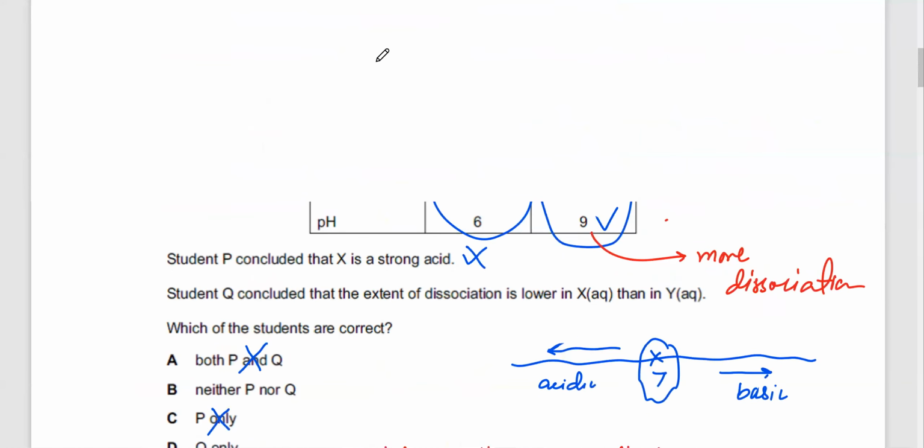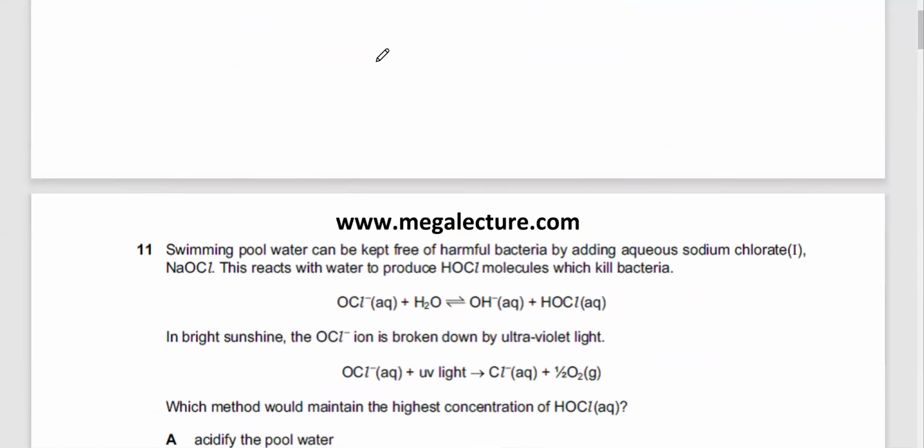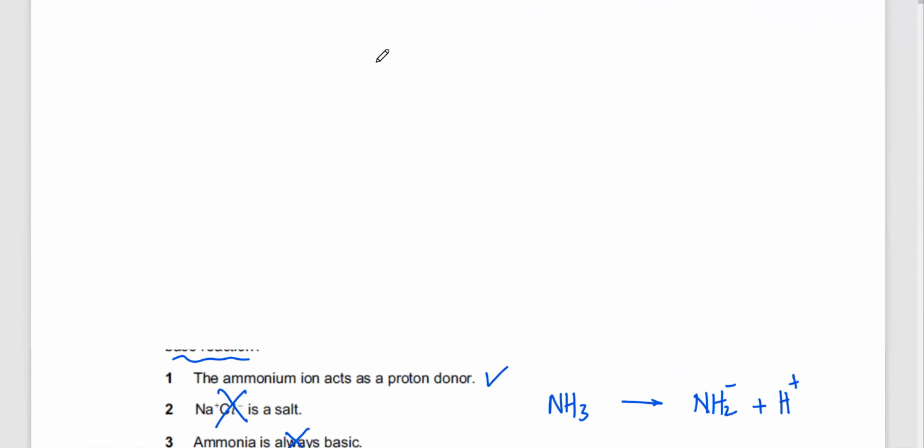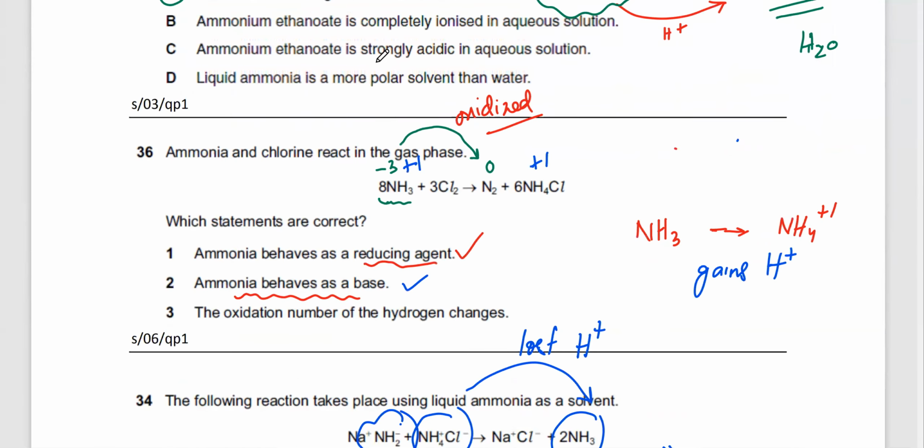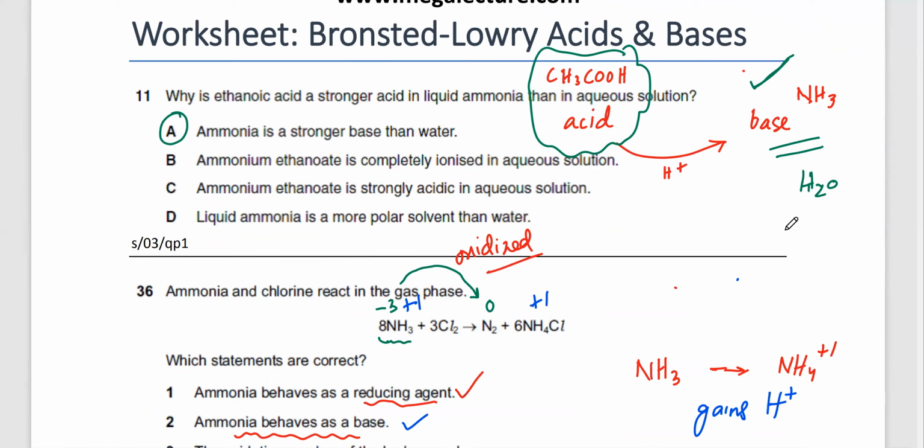Then you have: sulfuric acid does not behave as an acid when dissolved in ethanol. I told you initially, when we were doing the first question, that for an acid to behave as an acid, there must be a base present. These things can't operate on their own.